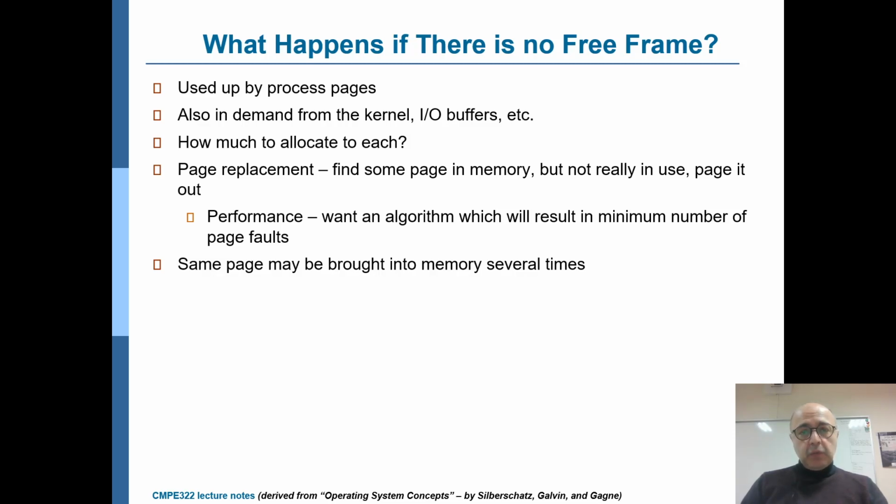So what we can do in that case is, as we slightly mentioned earlier, you pick a victim page, that is a page that is used by some other process, or maybe even the same process, and get rid of that page.